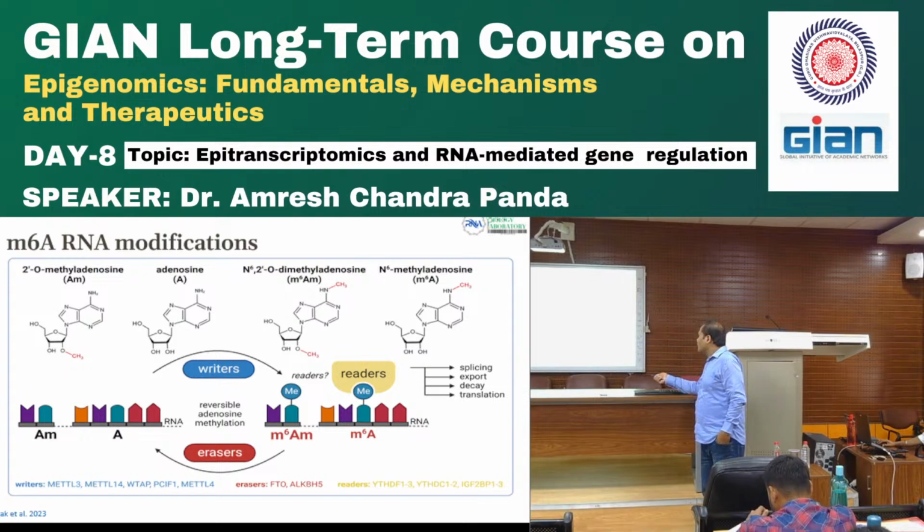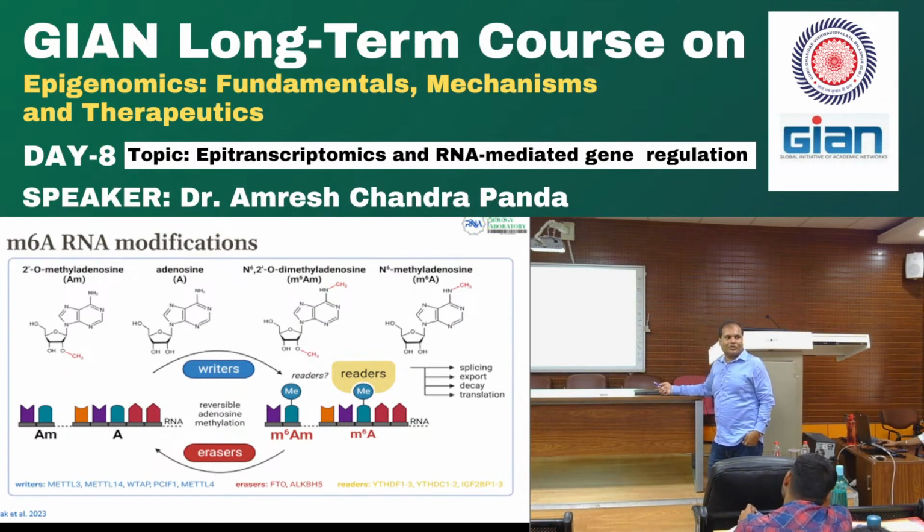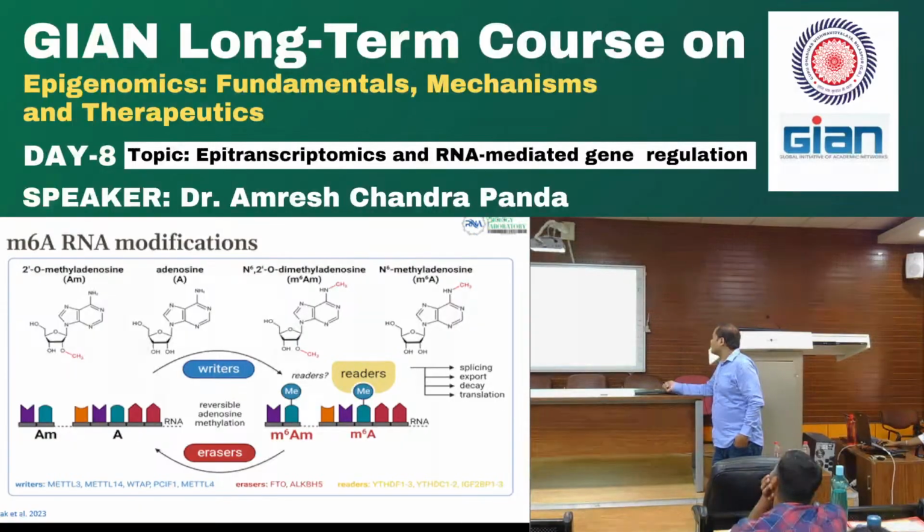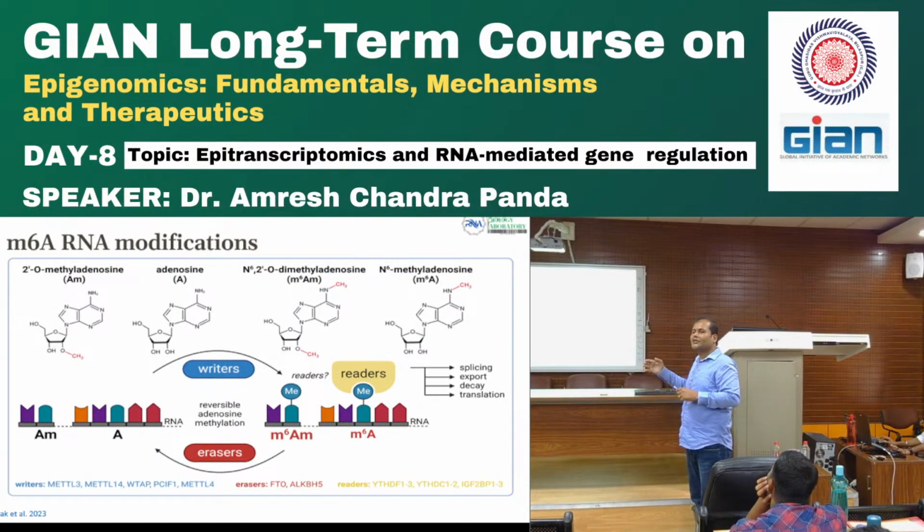If this is METTL3 you can overexpress, and for tumor growth reduction, inhibit METTL3, reduce the tumor. So depending on which modification does what, you can either overexpress the eraser or induce that or reduce whatever modification is happening. Based on that you can devise a therapeutic for that disease.